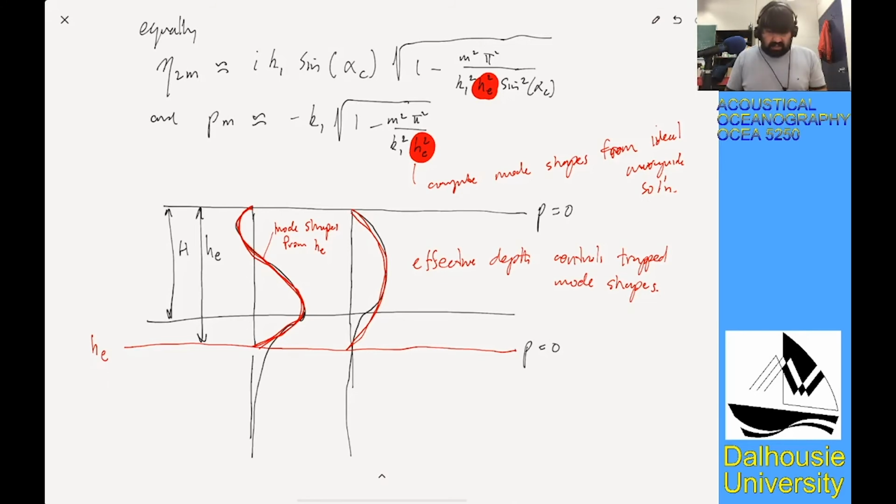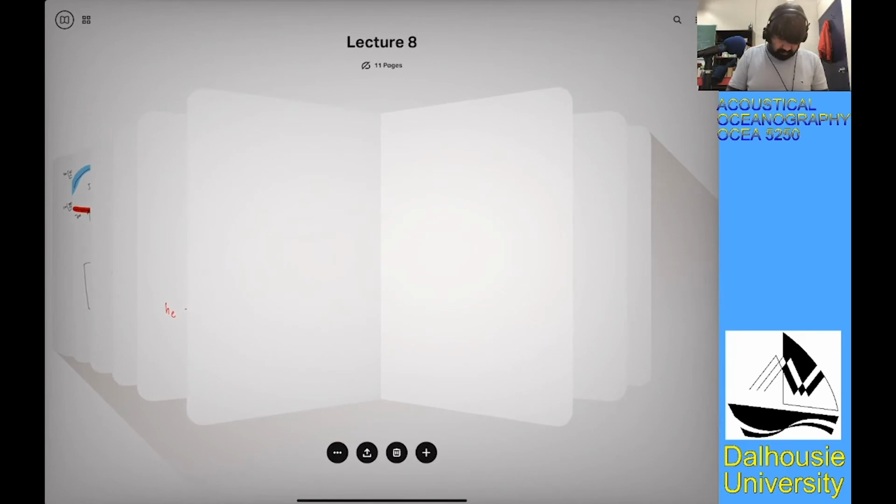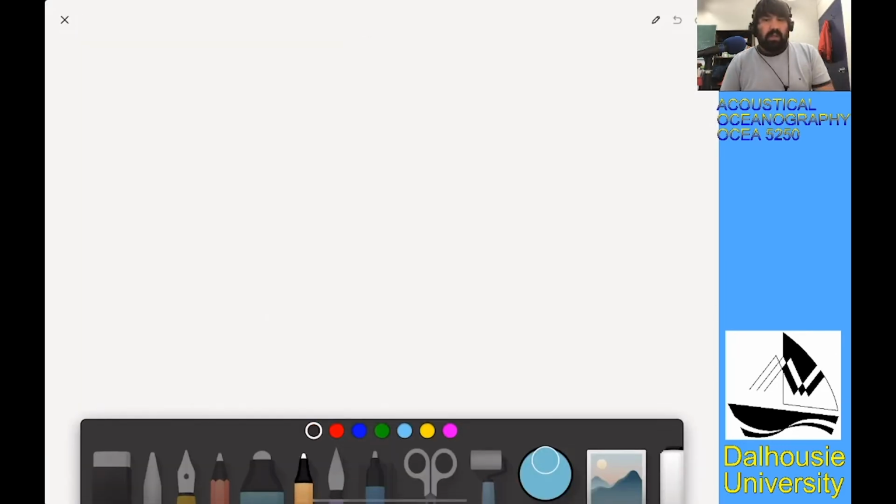So let's just do a quick recap and then see where we're at. So essentially we took our two layers. We wrote the wave equation in each layer. We transformed 3 times to get 2 algebraic equations. We solved the algebraic equations, and then when we were transforming back, we basically decided that the theorem of residues was the only way or the best way to solve that final inverse, right?